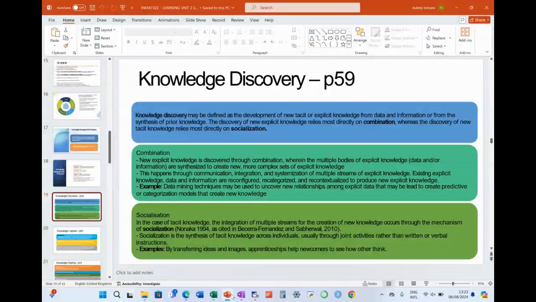So when they leave, it's sort of like they're losing value. 100%. Okay. So that is what we are talking about in tacit and explicit knowledge.